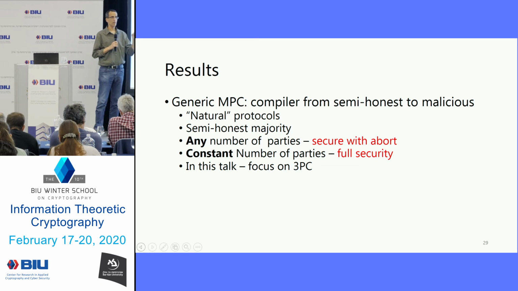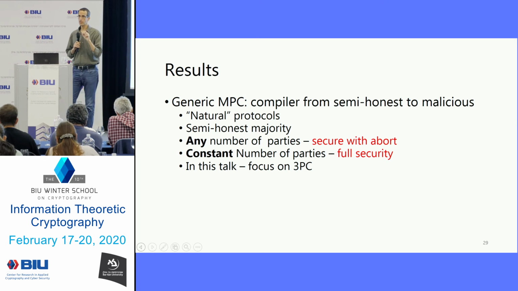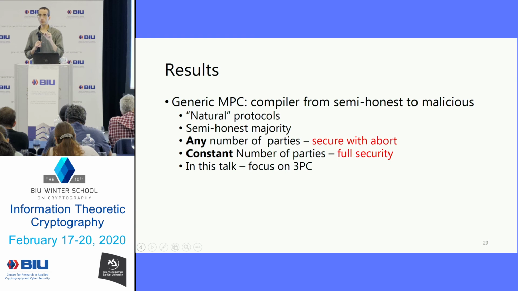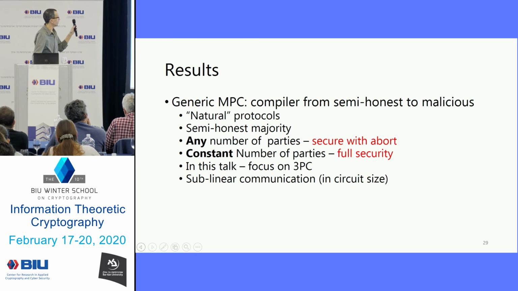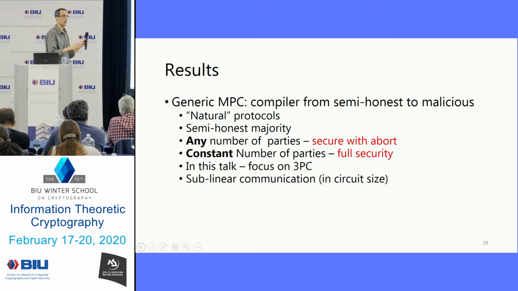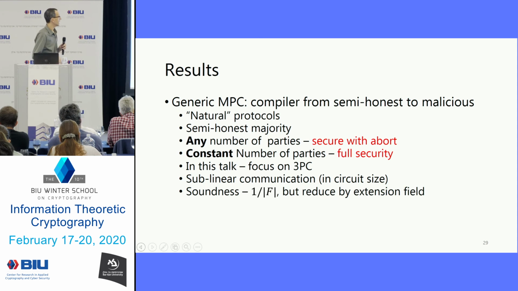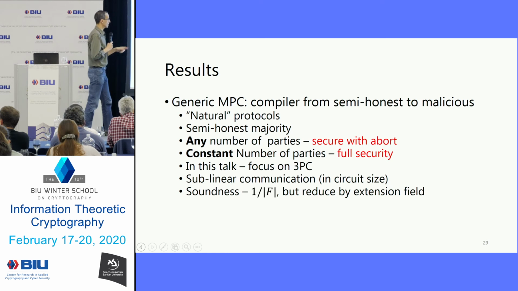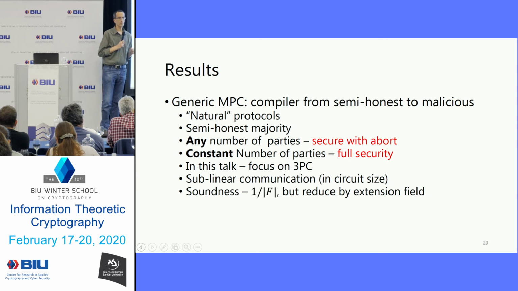So we have 3 parties. One of them can be malicious, and we ensure that the honest parties get the actual output. The communication of the compiler is sublinear in the circuit size. So as long as semi-honest protocols are not better than circuit size, this makes communication in the malicious case as good as in the semi-honest case. And soundness is 1 over field size.